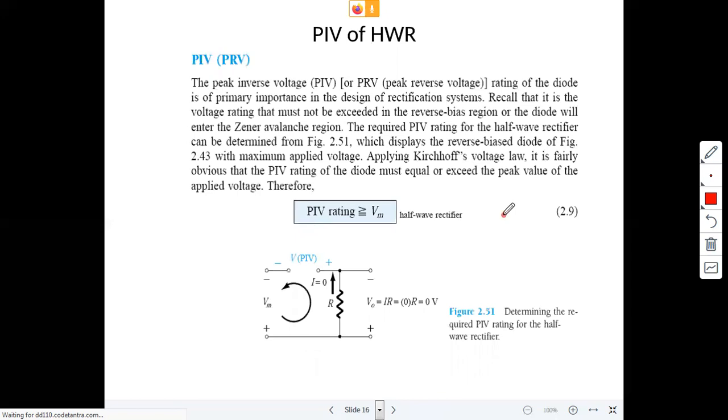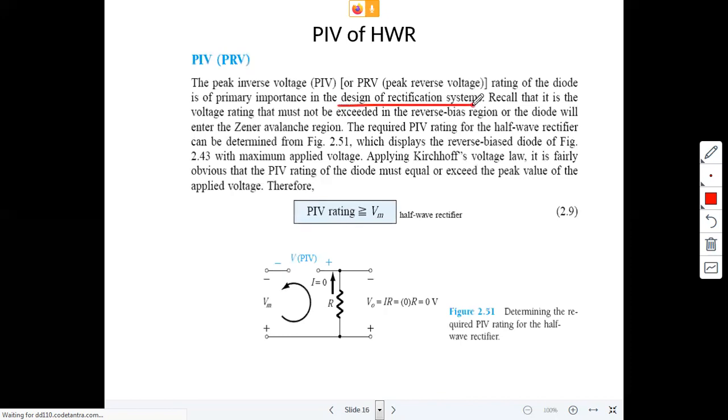Now another important parameter in a rectifier circuit is PIV or PRV. What is PIV? Peak inverse voltage or peak reverse voltage. This rating of the diode is of primary importance in the design of a rectification system.